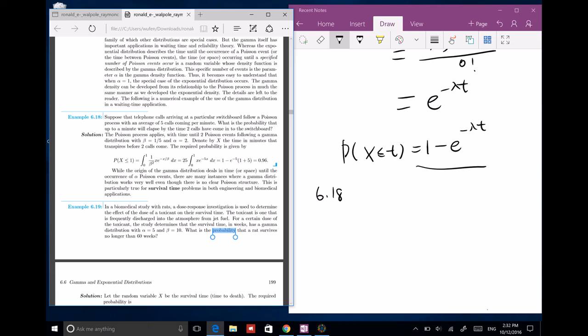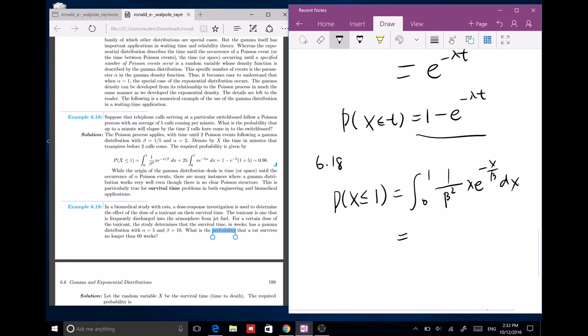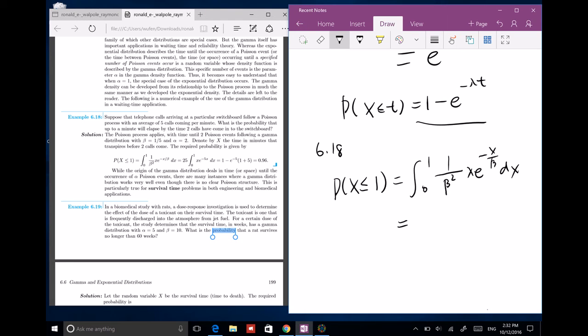The required probability is given by x less than or equal to 1 equals the integral from 0 to 1 of 1 over beta squared x e to negative x over beta dx. Then you just need to plug the beta and the alpha into the probability. You can plug the beta and alpha in.